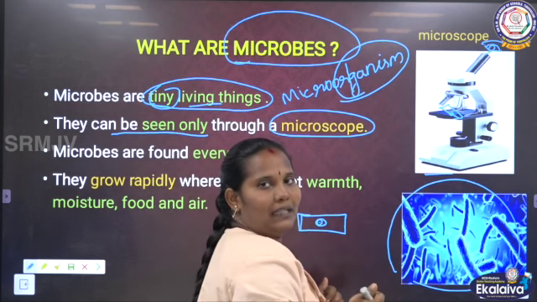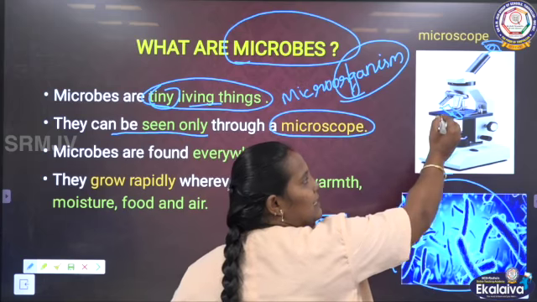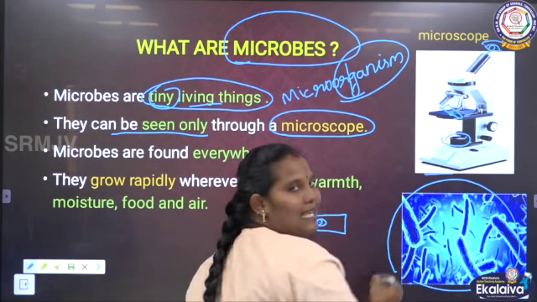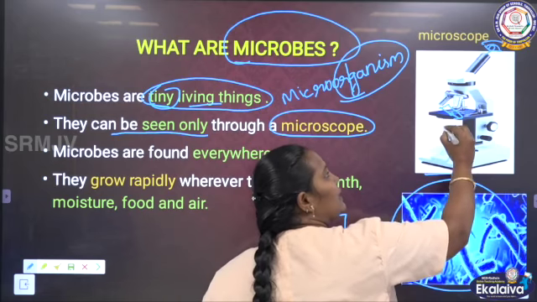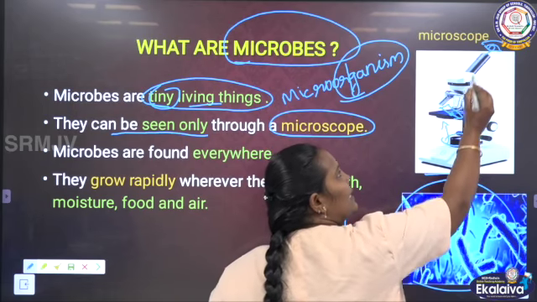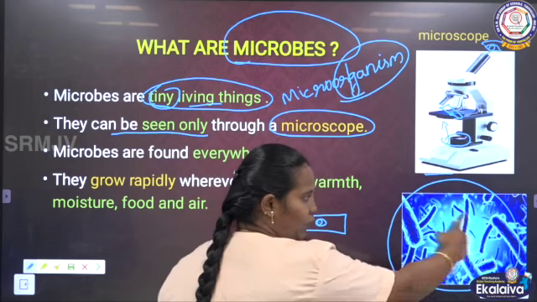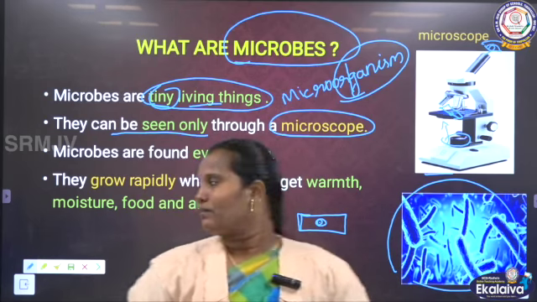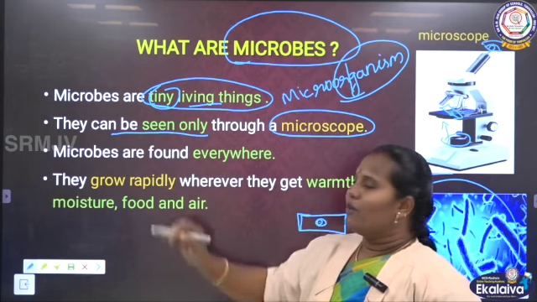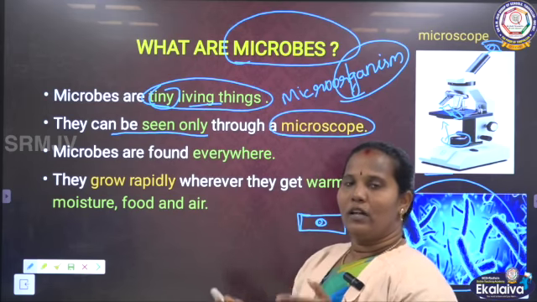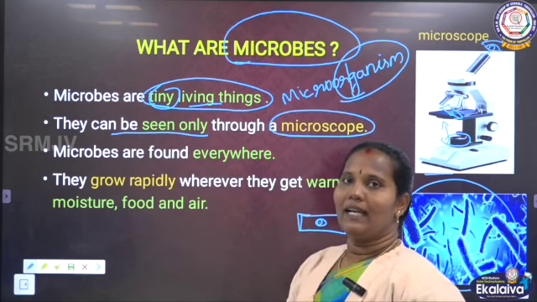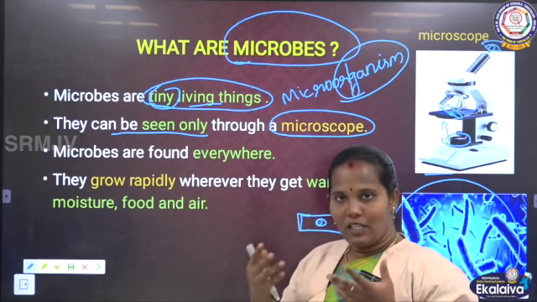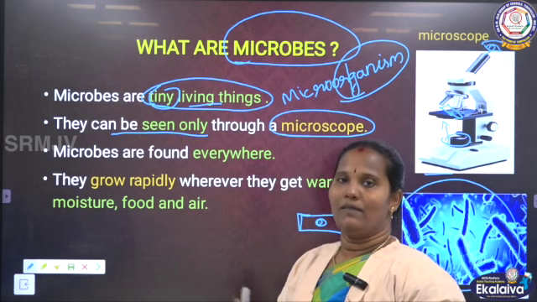So we can adjust to see the organisms. It also has one more glass, which reflects light, so we can clearly see the microorganism in this microscope. Clear? We saw that microorganisms are very tiny organisms. We cannot see them with our naked eye, only with the microscope.